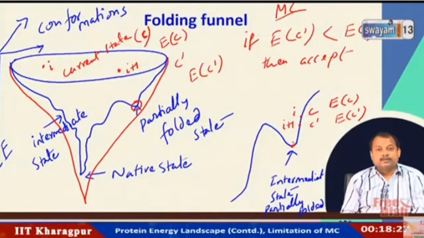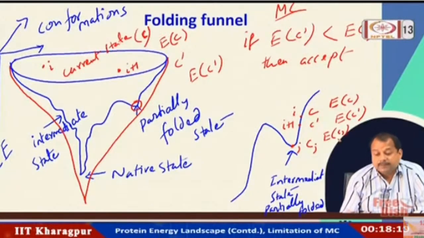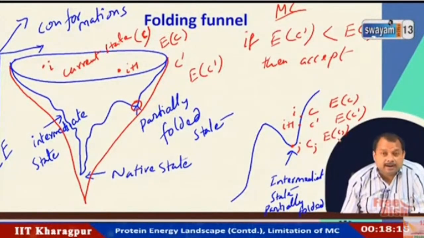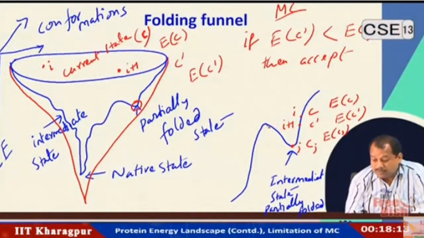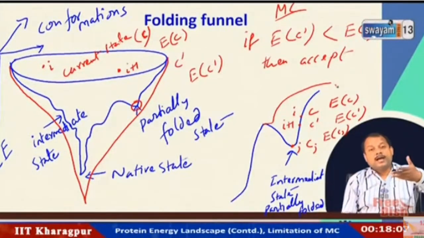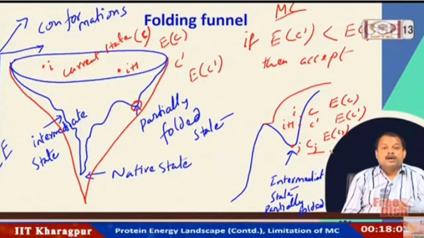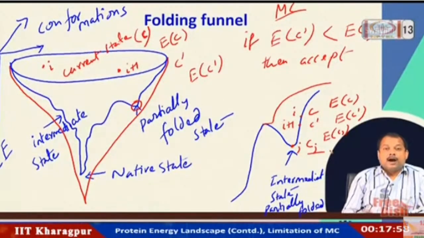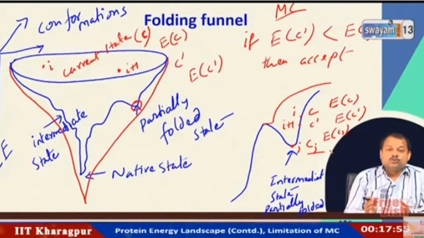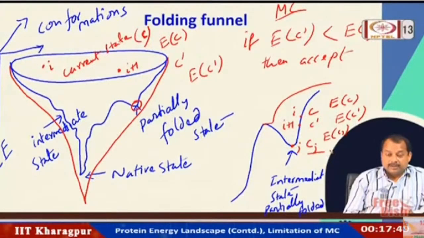Let us assume I have reached there and say that is my J. So, C J and E of C J is my energy. After this one, if I make another random move and the random move is always in this region, then always the next move will have an energy function which is higher compared to C J. That way I will falsely assume that I have reached the native state or optimal state or the minimum state. Falsely I will assume that, but that is not correct here.